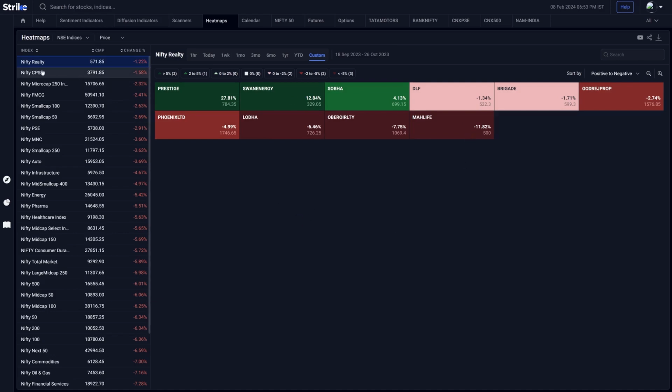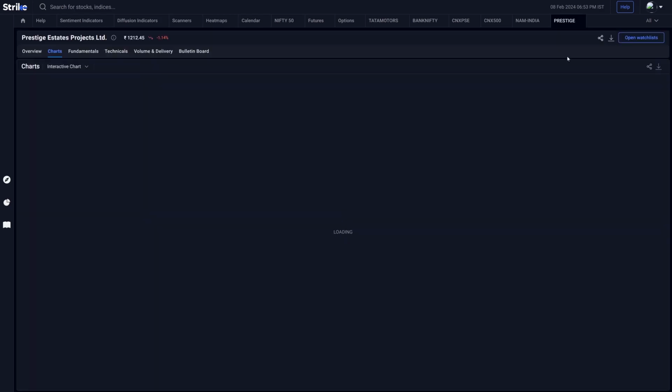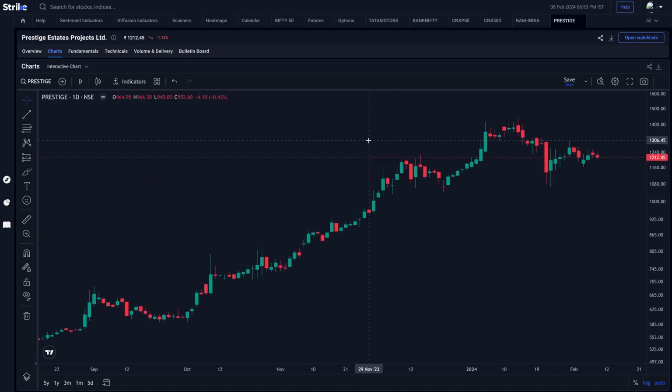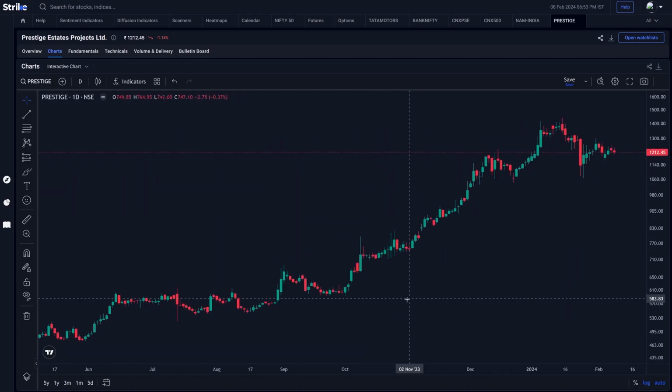So you would have found that in realty stocks, where the realty index is down 1%, the best performing stocks here are Prestige, Swan Energy, and Shobha Realty. So we can open and look at the charts of these stocks. I open Prestige and look at what it really did between September and October, when there was a correction.